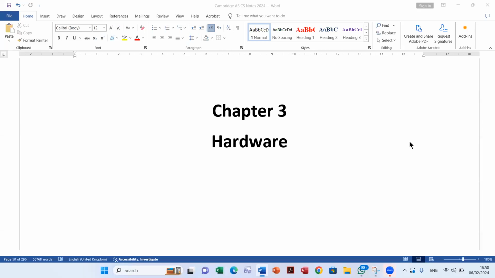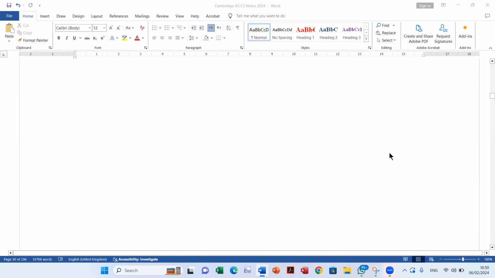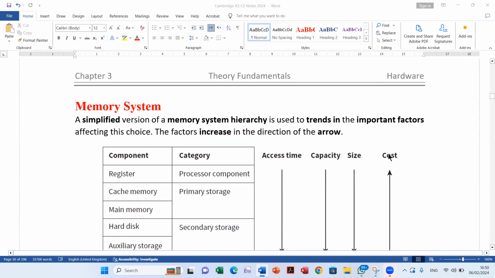Cambridge AS Computer Science, Chapter 3, Hardware. This chapter is mostly O-level, because when we talk about hardware, we talk about input devices and output devices with a little bit more detail.